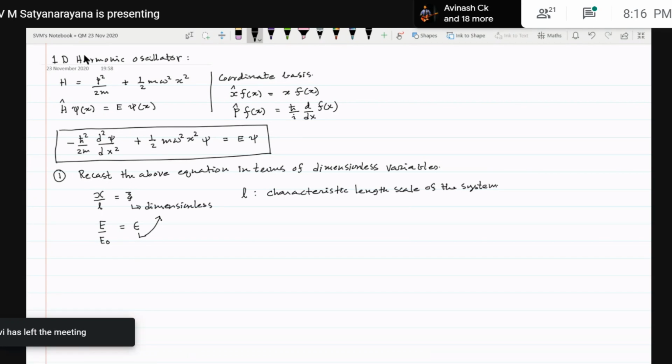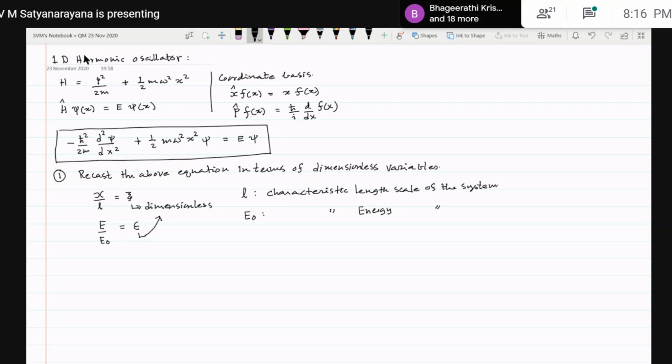We are only saying that this E naught is a characteristic energy scale of the system, so that all energies can be measured in terms of this E naught. This technique that I am going to present now is a very general technique. It can be used for any general differential equation.